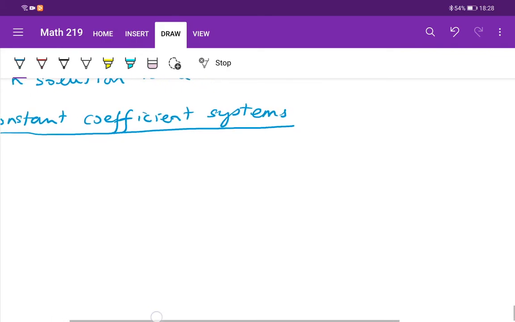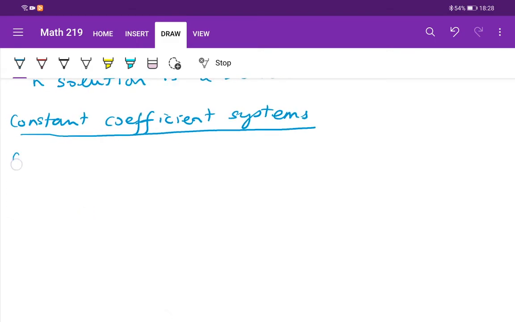So we want to consider the equation dx by dt, sometimes we write this as x prime. Let's write it as dx/dt equals Ax.